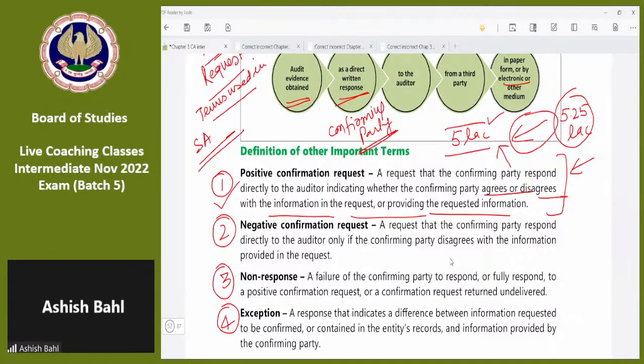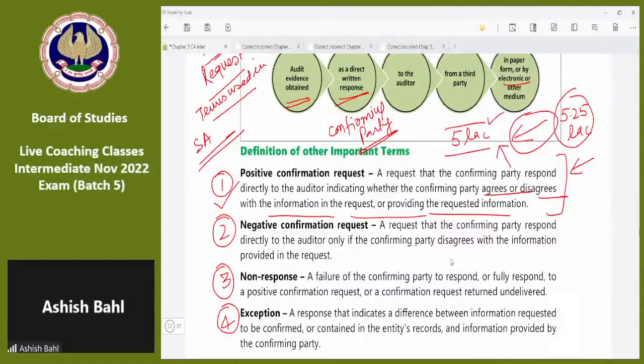Now I have given him a request to either agree or disagree with this information. He is submitting the response. So the fact that the confirming party is giving a response, it is a positive confirmation request. So he is responding to my positive confirmation request. Okay.